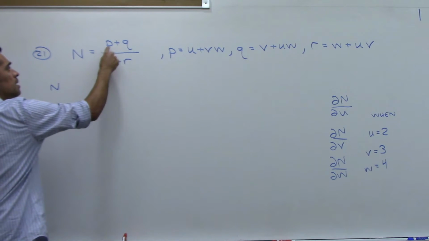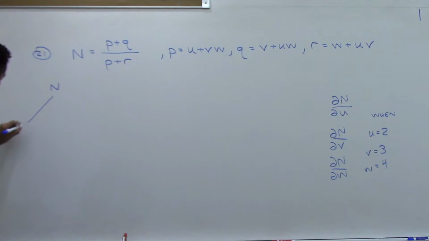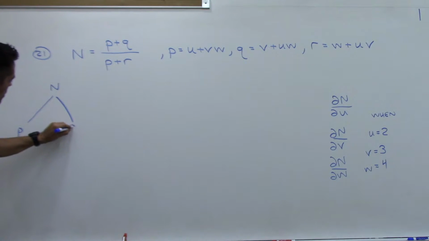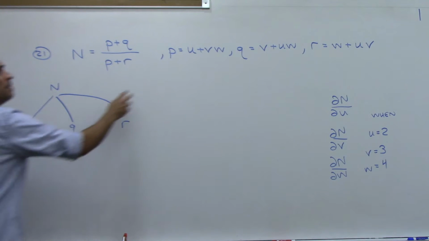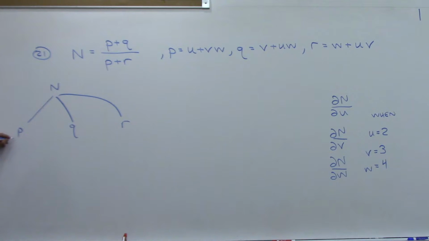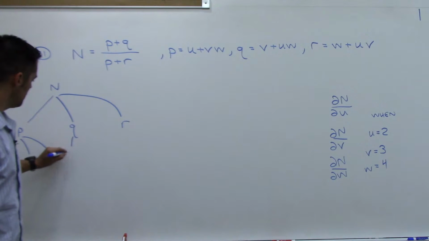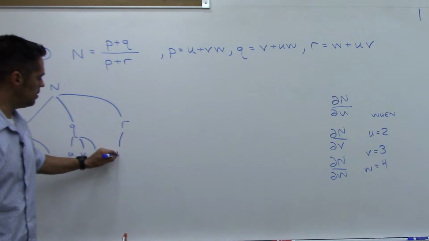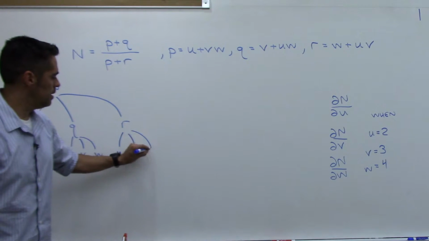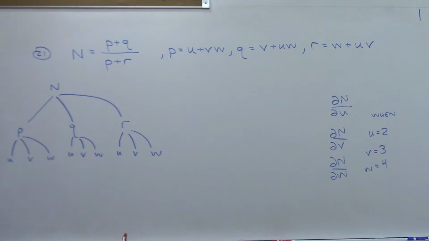N depends on P, Q, and R. P depends on U, V, and W. Q depends on U, V, and W. And R depends on U, V, and W. So to get N, I need to know U, V, and W.